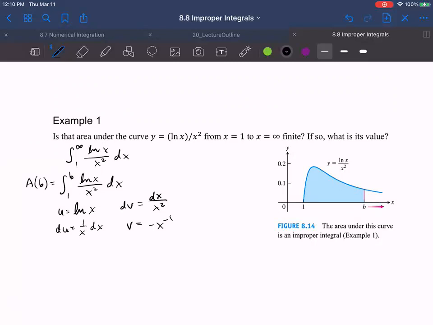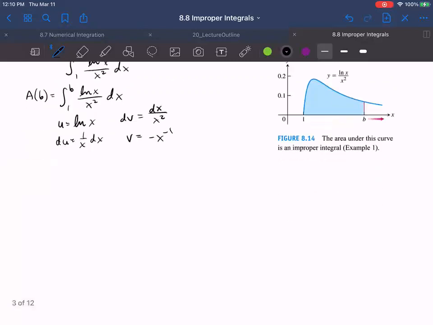Okay. And then we can start substituting back in. We get negative natural log of x over x from 1 to b minus the integral from 1 to b, right? So we did u times v, and now we need v du.